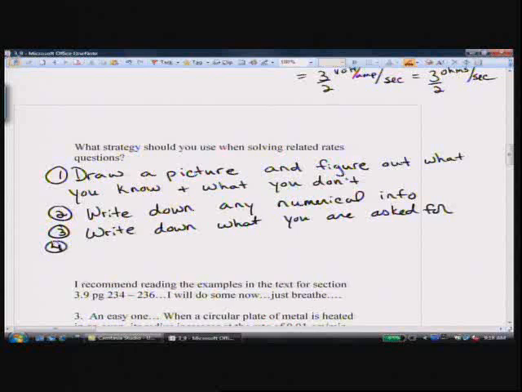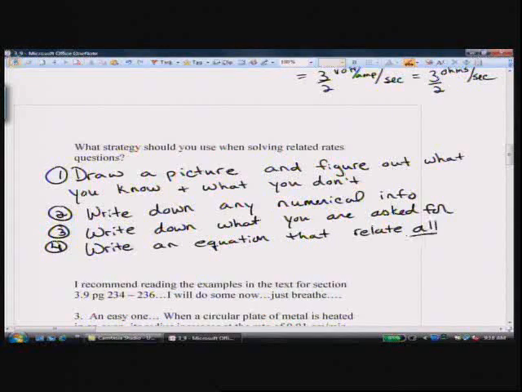The fourth thing you should do is write an equation that relates all the variables. This is the hard one, right? Because you have to come up with an equation that relates all the variables.